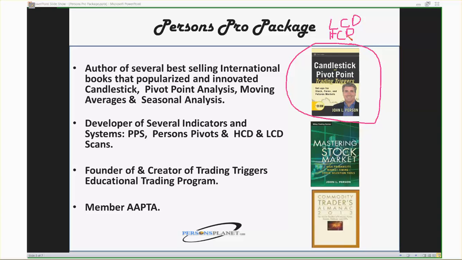These are trading systems, and these are phenomenal scans. We also developed in that book HCD, LCDs. We also included the formula behind the person's pivots and how it doesn't just give you support and resistance, but it helps us to dictate the market condition, whether it's bullish or bearish. It's actually an indicator as well as projecting support and resistance targets.